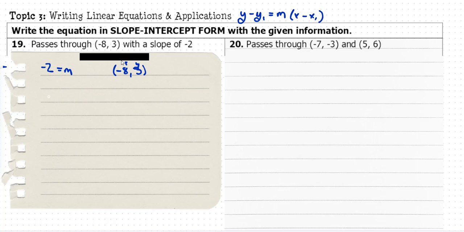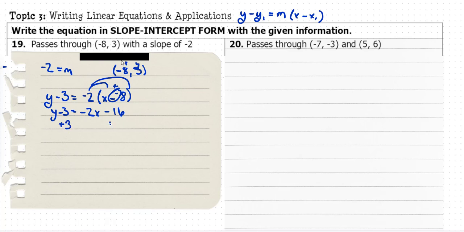So y minus my y1, that's 3, equals our slope -2 times x minus x1, which is -8. These two signs make it plus. I'm going to distribute the -2 to both parts. y minus 3 is equal to -2x minus 16.